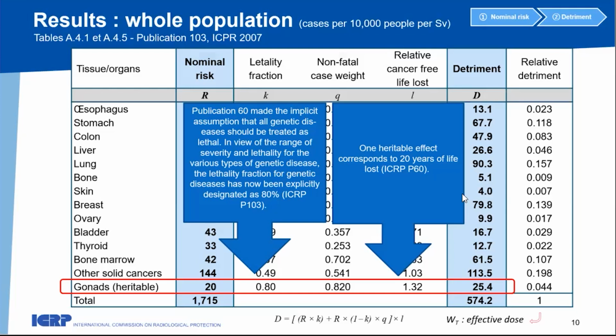Maybe, because my feeling from the work of TG102 is that it's not a good idea to try to have the heritable effects provided in the same way, in the same table, and so on. Clearly, I think it will be clearer if it was not one line with the weighting factors for cancer, but to have heritable effect outside, added as something separate.